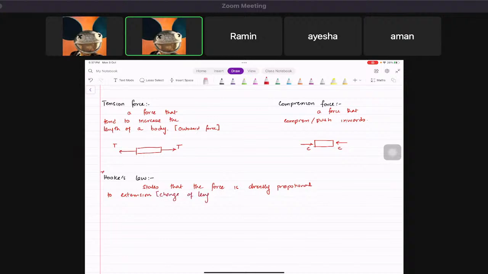You can remember both of them. Unless a limit of proportionality has not been reached, which means there is some limit of proportionality, and if that is not reached, it just stays like that. Okay.